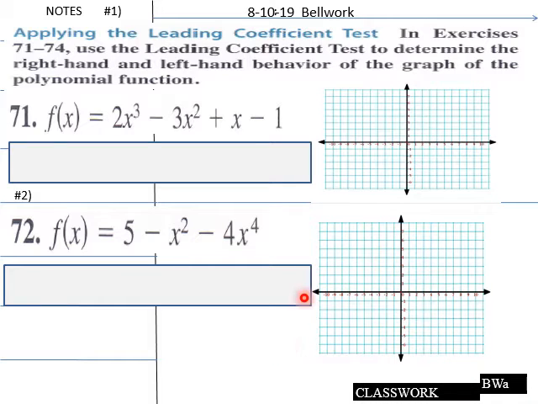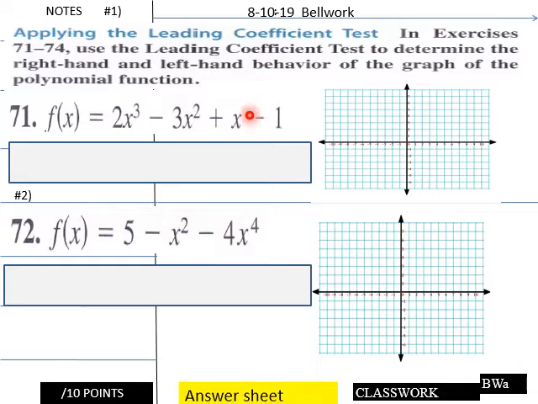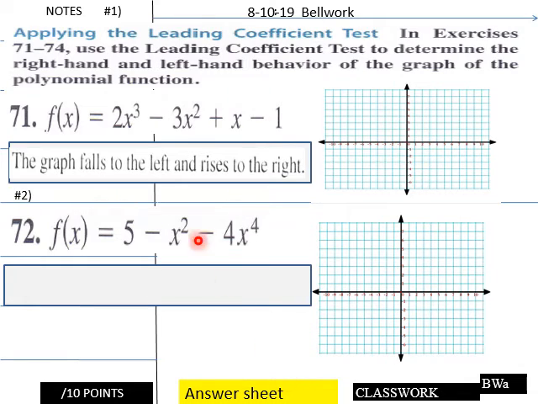Okay, welcome back for the solutions of today's bell work. The leading coefficient test for these: the graph falls to the left and rises to the right. Your leading coefficient would be 2, so it falls to the left and it rises to the right, so it goes something like that.